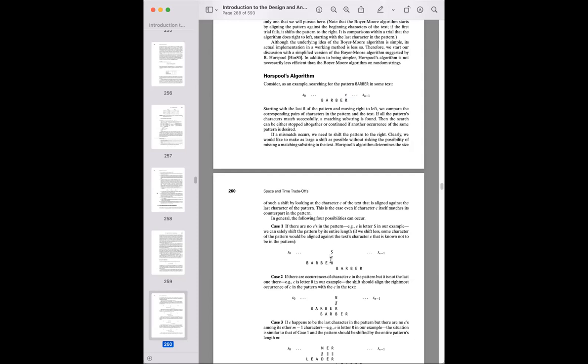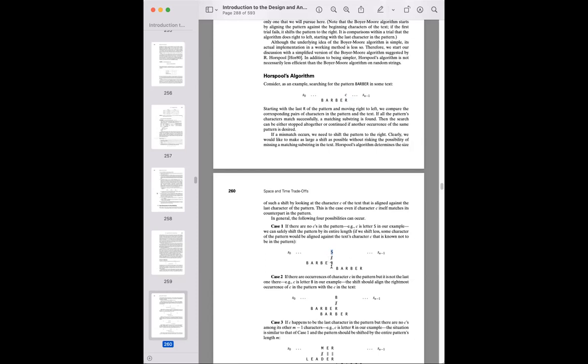Okay, so case 1, if the pattern that we have, so we have an S here. Okay, if there are no S's in our pattern, okay, so BARBER has no S's, so that's the case now. Okay, we know that by moving this over, this can't be in any of the positions.